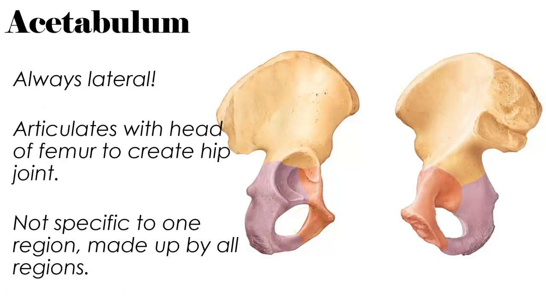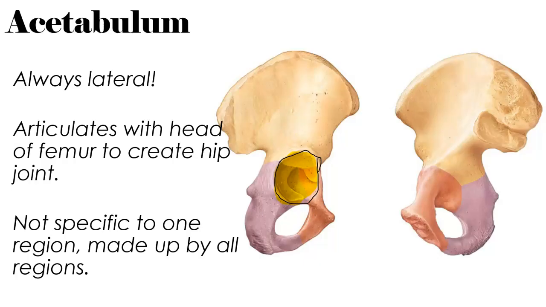Moving on to the specific bony markings on the coxal bone, the acetabulum is what I would always start with because it's going to help you find that lateral view. And again, it's always lateral because it articulates with the femur. So in order to make that ball and socket joint work, we need this acetabulum to point laterally.